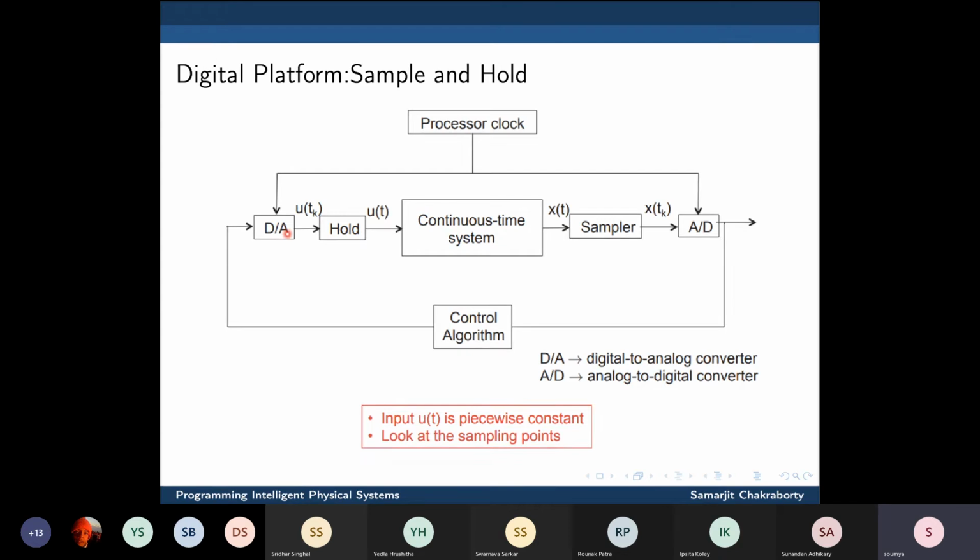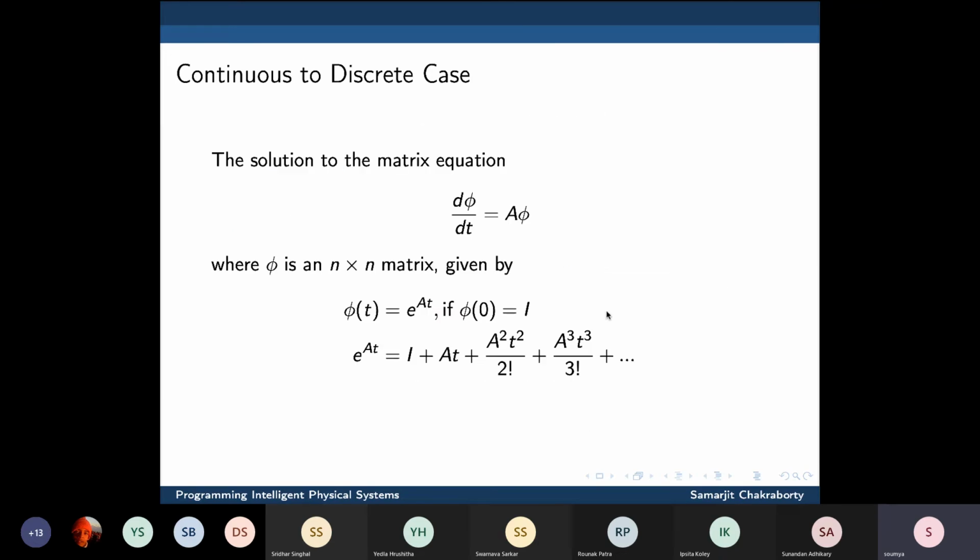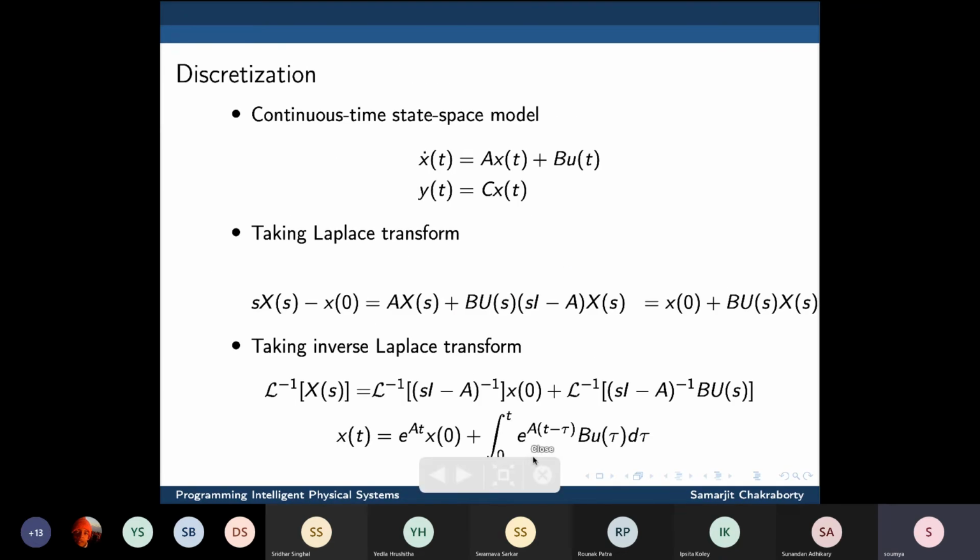This will fire only at the sampling period end, and then instantaneously this value will go up. So inside any sampling interval, this u(tau) is constant. Although in the analog variant u(tau) is there, what is going to happen in the digital variant? When I have an initial condition u(tk), it will remain equal to u(tk) inside the entire interval starting from tk up to the point tk+1. Am I correct?